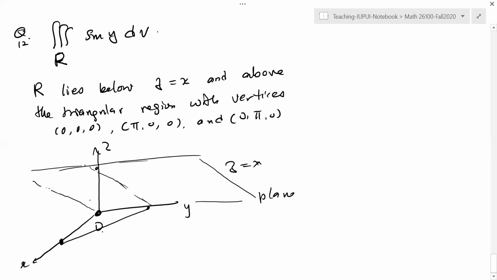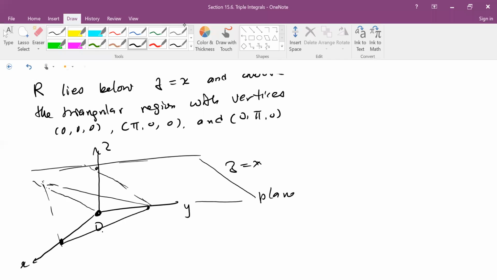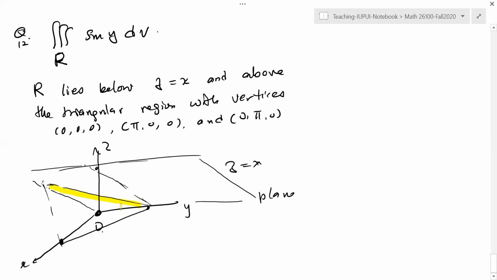So it's harder to draw. I think it looks like that. So this is a piece. Can you see that?